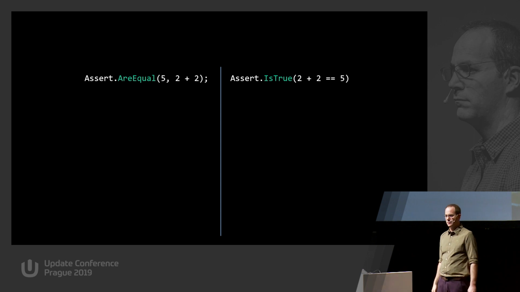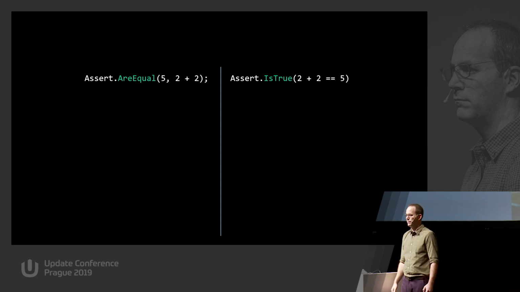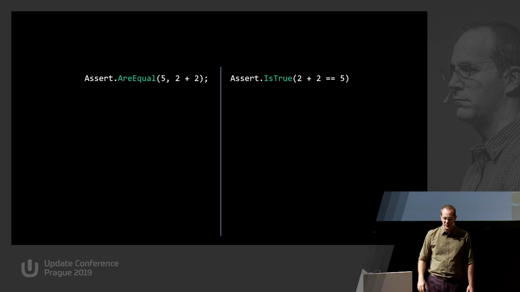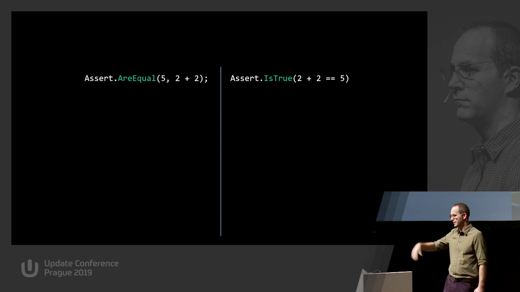There's also this. Notice assert equal and assert is true. Assert is true is something that I always talk about because people tend to use it all the time, for a good reason. It's more logical to write in code what I want to assert than to use the right assertion.